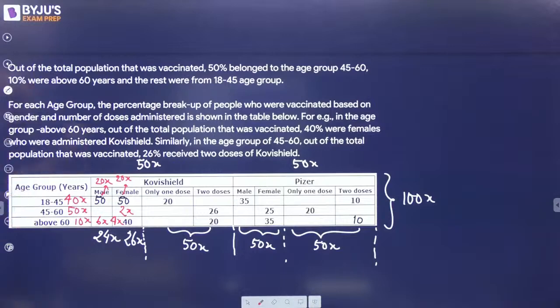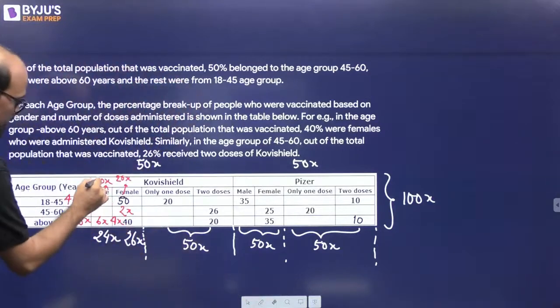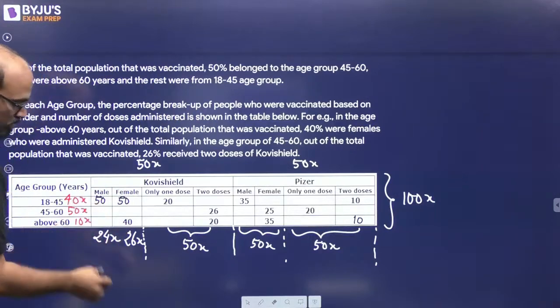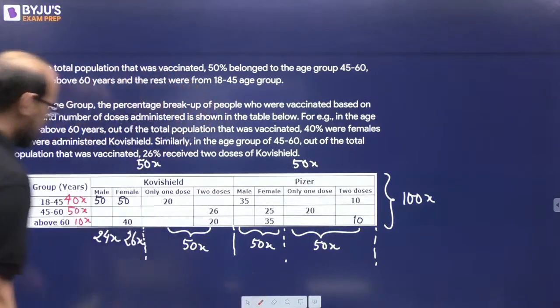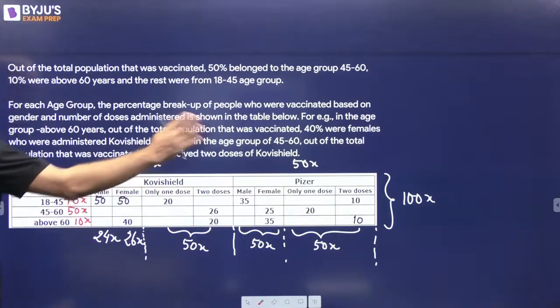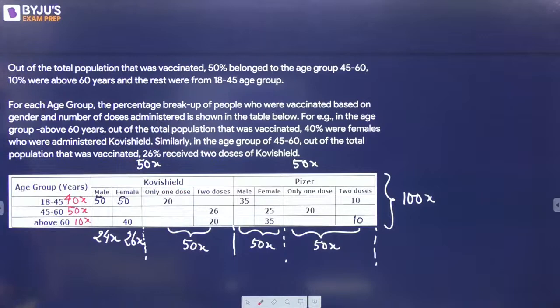Okay, this is for Covishield, right? Sorry. We will need a change. We can't use 20x, 4x. See, this is 100x. 100x doesn't simply go to Covishield. It gets broken down into Pfizer and that.